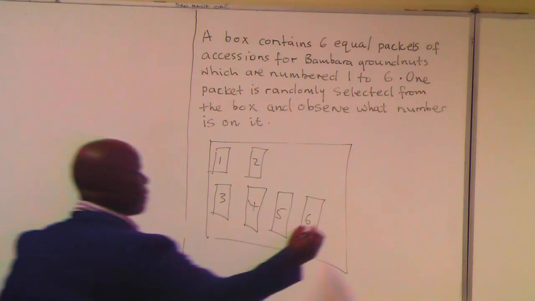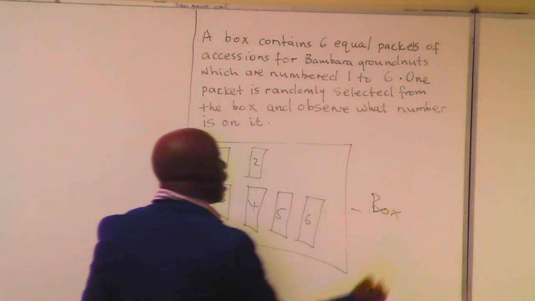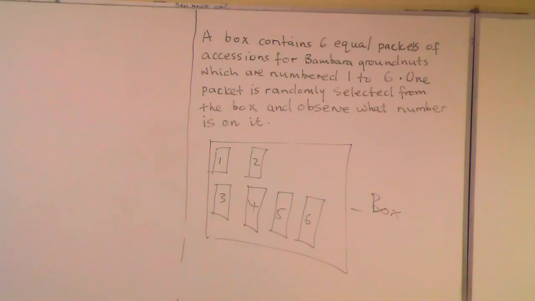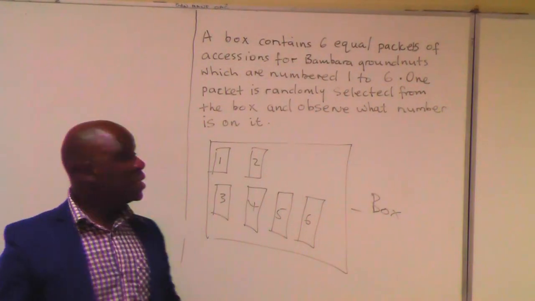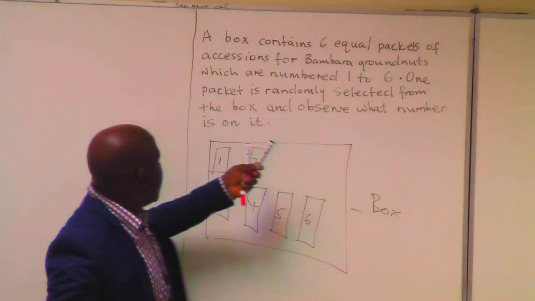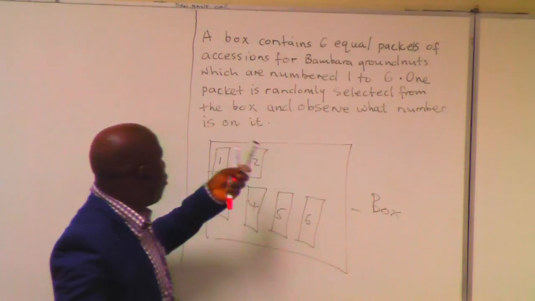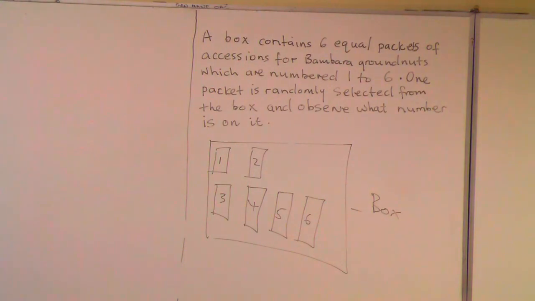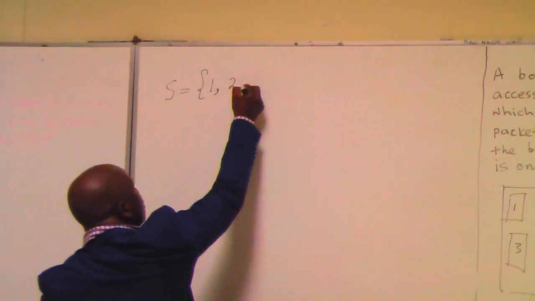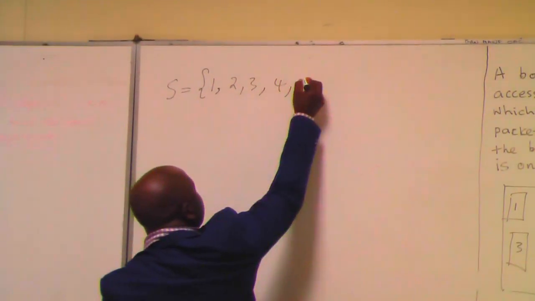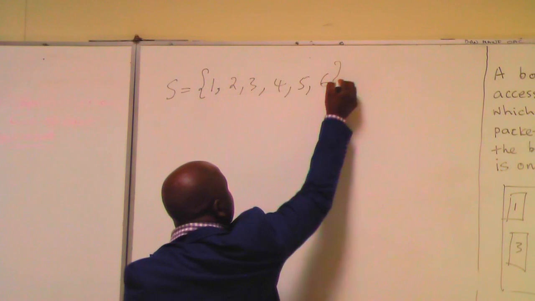That is our box. Now, we are required to determine the sample space. What is the experiment? One packet is randomly selected from the box and we observe what number is on it. So our sample space S will be given by 1, 2, 3, 4, 5, 6.